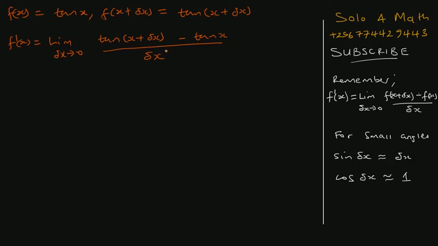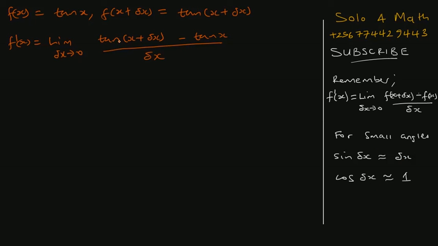Now what we are going to do here is change this tan into sine and cos, because we already know what sine of a small change in x is equal to, and what cos of a small change in x is equal to when we consider small angles.